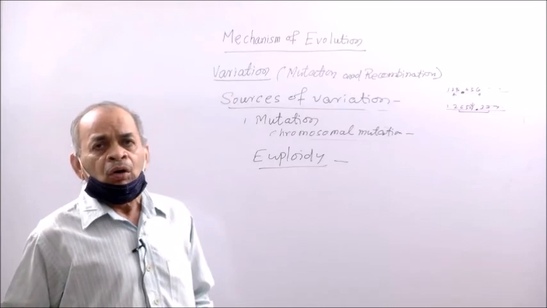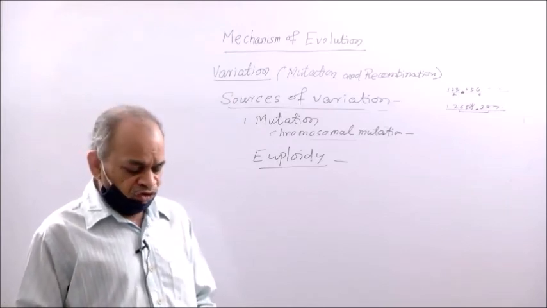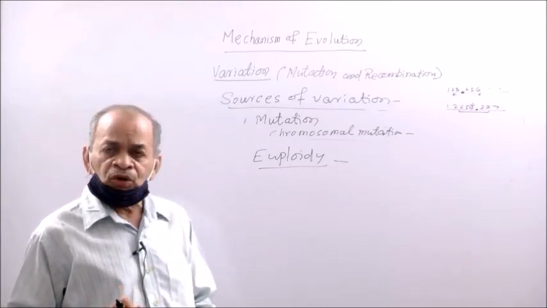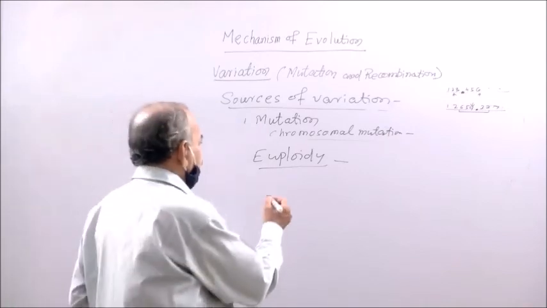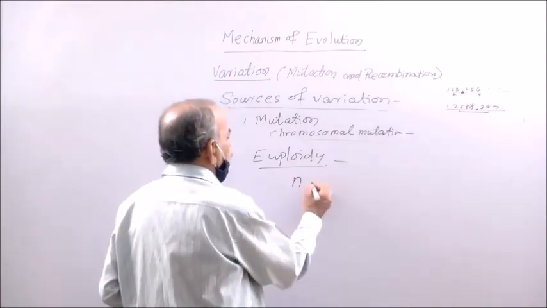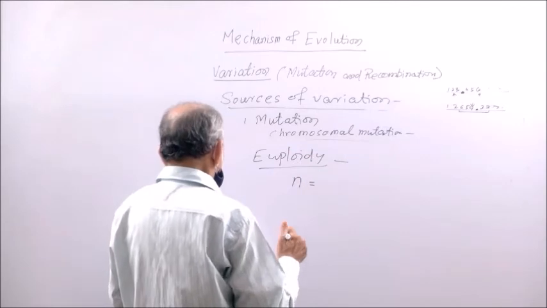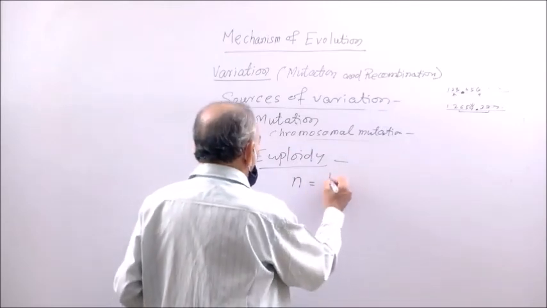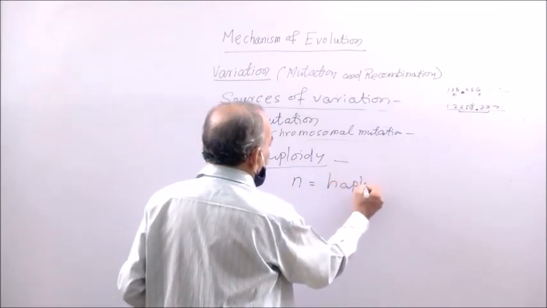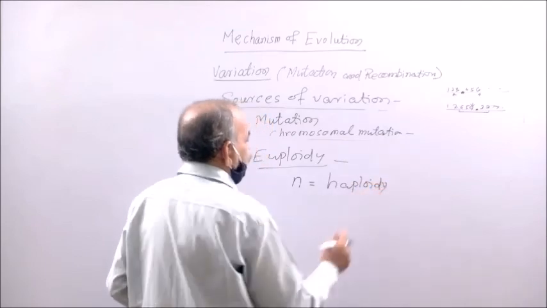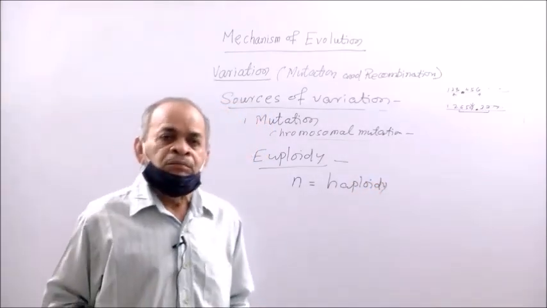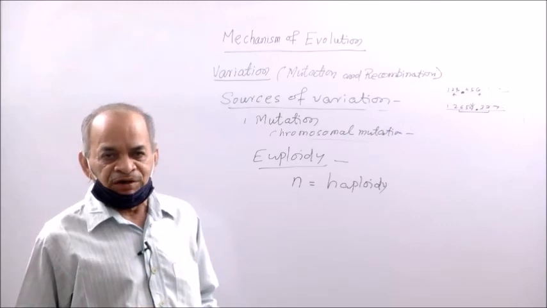When the organism contains only one set of chromosomes, that is n, the condition is called haploidy. It is called haploidy because normally 2 sets are present.